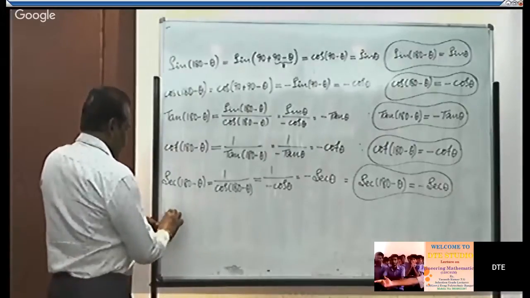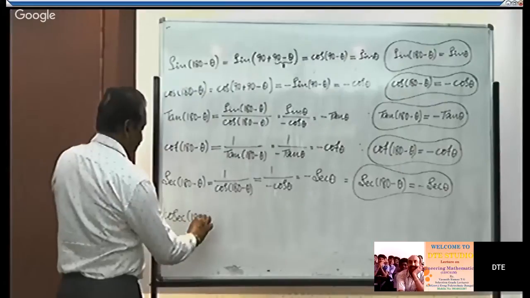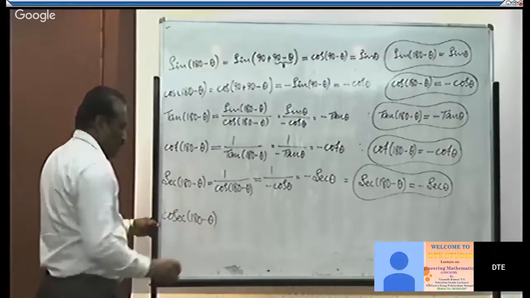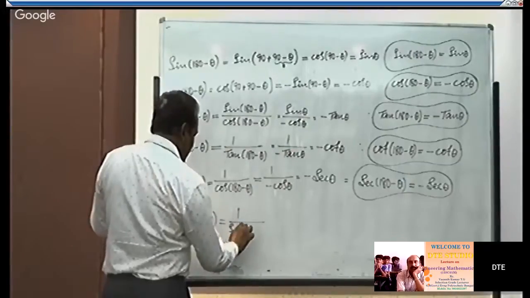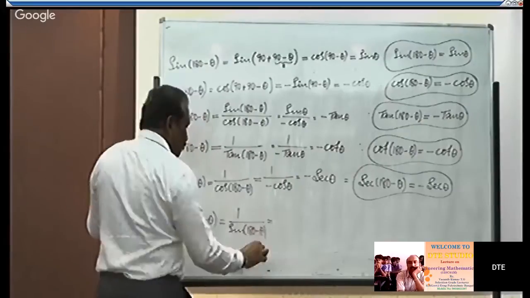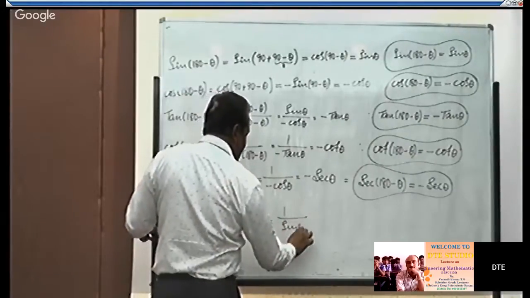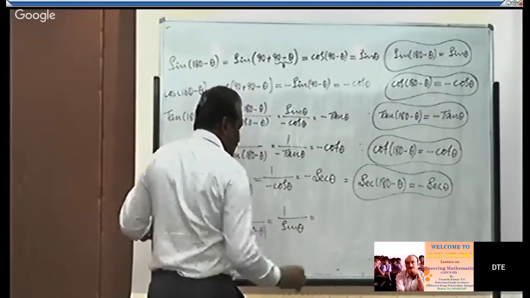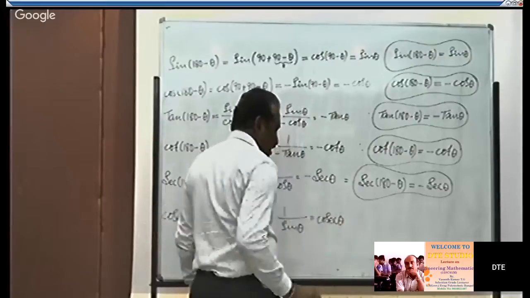So the last one is cosecant of 180 minus theta. You can write using the reciprocal relation as 1 by sine of 180 minus theta. We proved sine of 180 minus theta is sine theta only. 1 by sine, we also know, is cosecant theta.